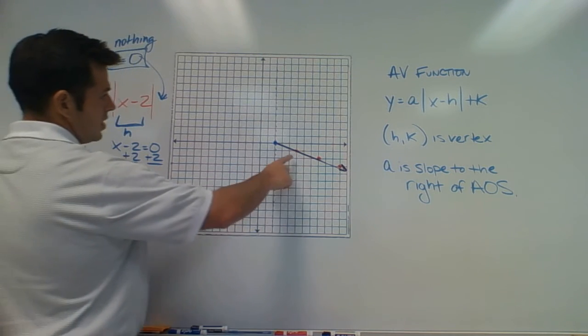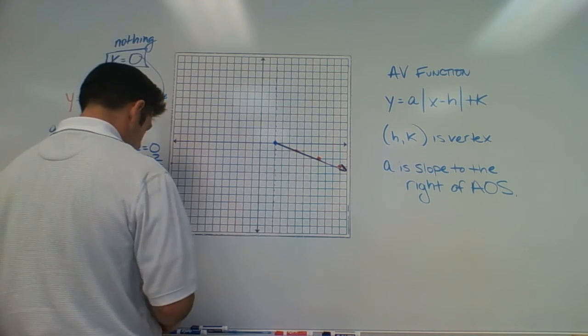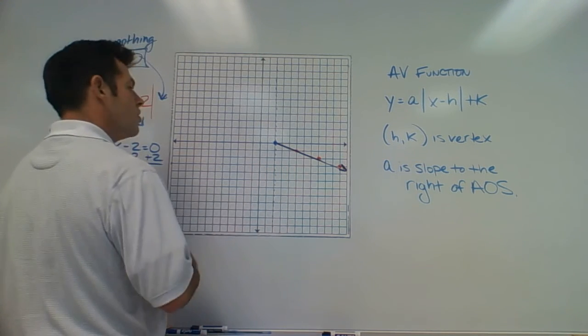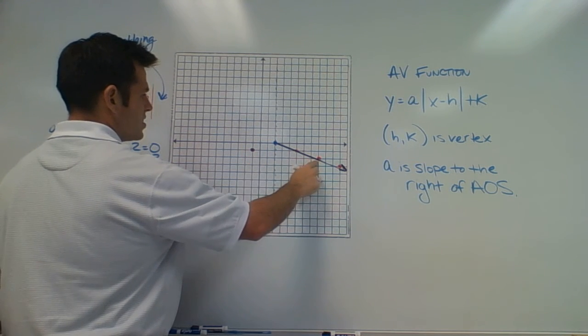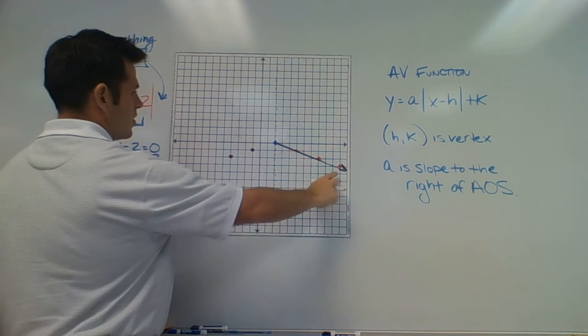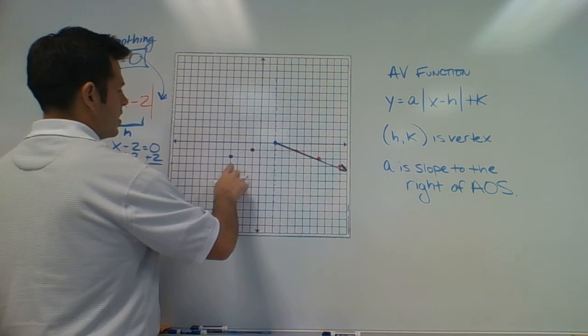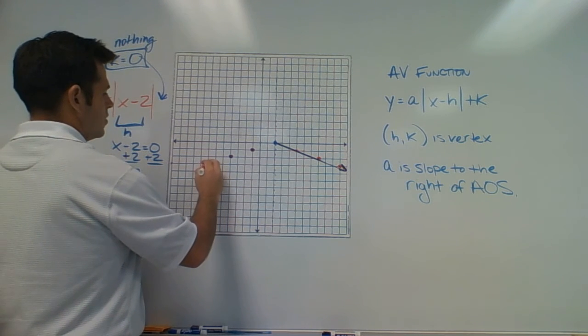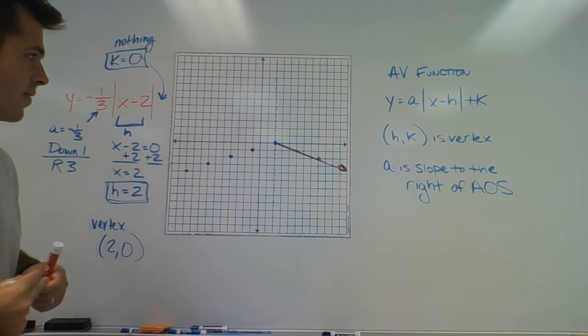So for instance, this dot right here is 3 spots away from the axis of symmetry. We could put one 3 spots away on the other side. This one is 6 spots away. We can go 6 spots away over here. This one is 9 spots away from the axis of symmetry. I can do the same exact thing here. And I'll just finish it out like that.